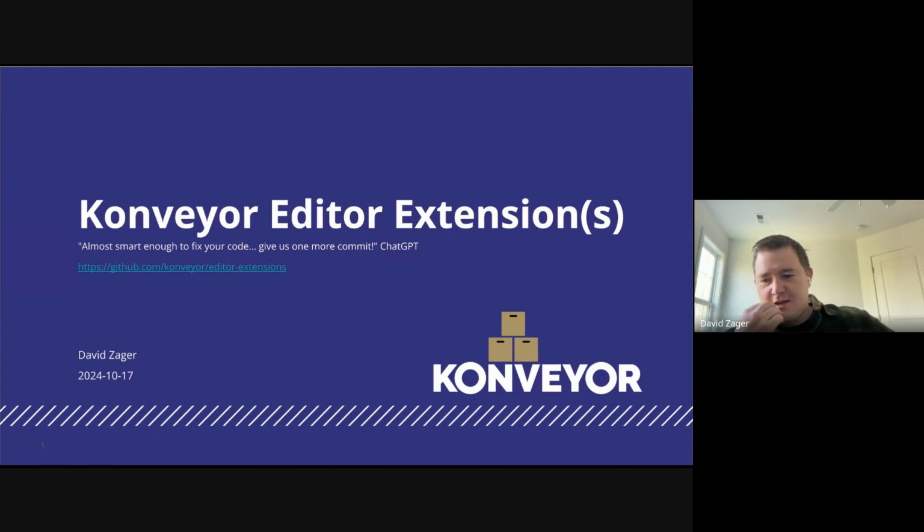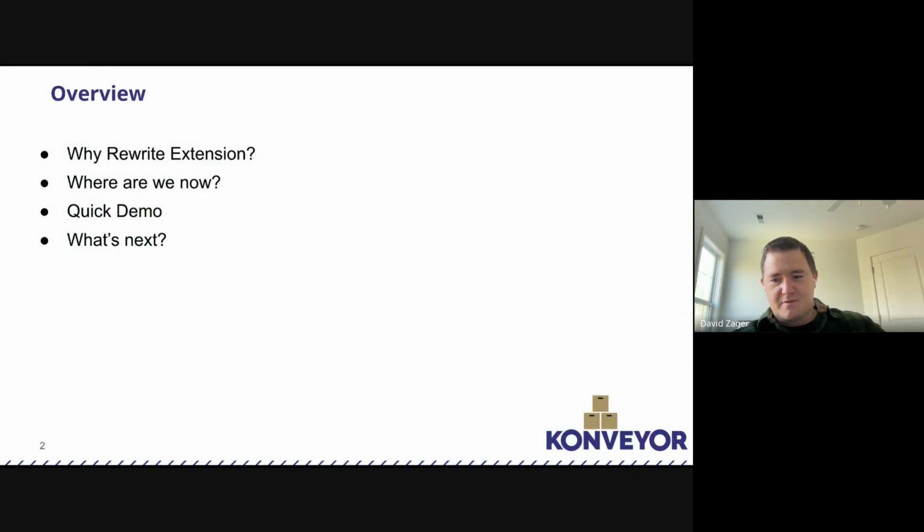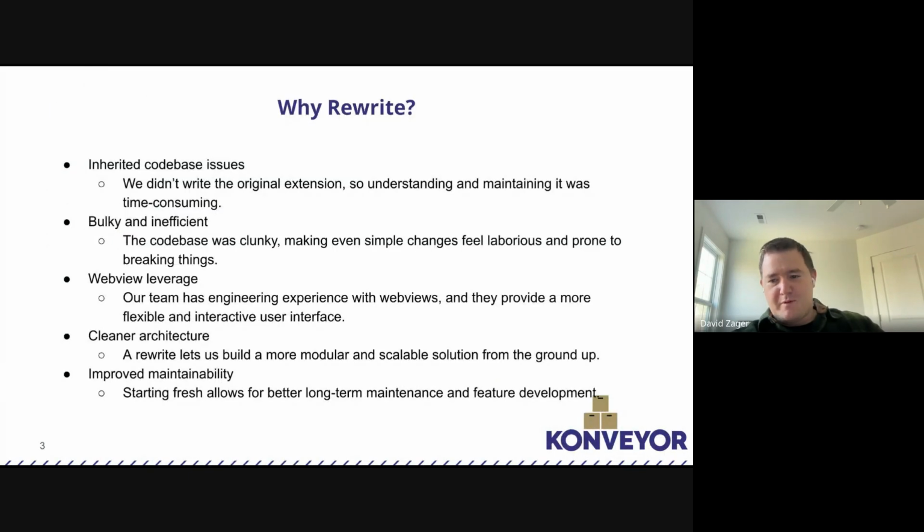So a lot of what we did in the last month, like Ian and Dylan said, was to rewrite the MTA plugin that exists and write it in something that we could take ownership of and could make changes to. So quick, why are we rewriting it?